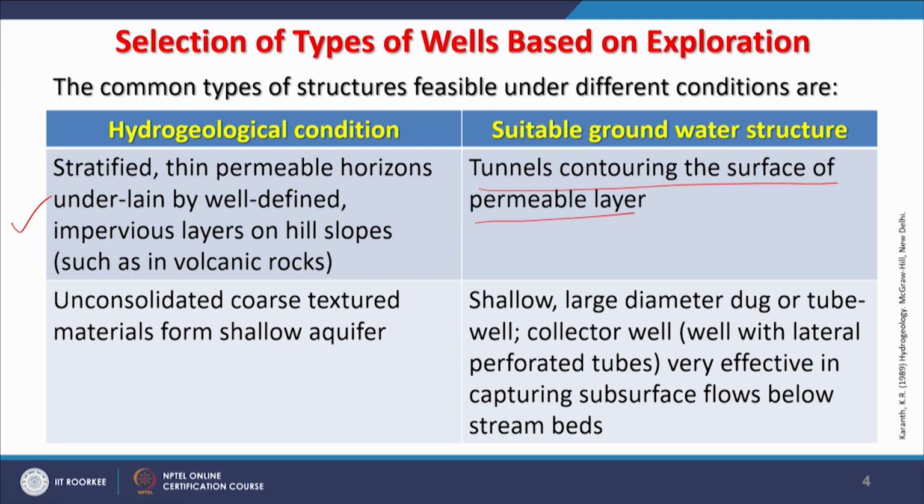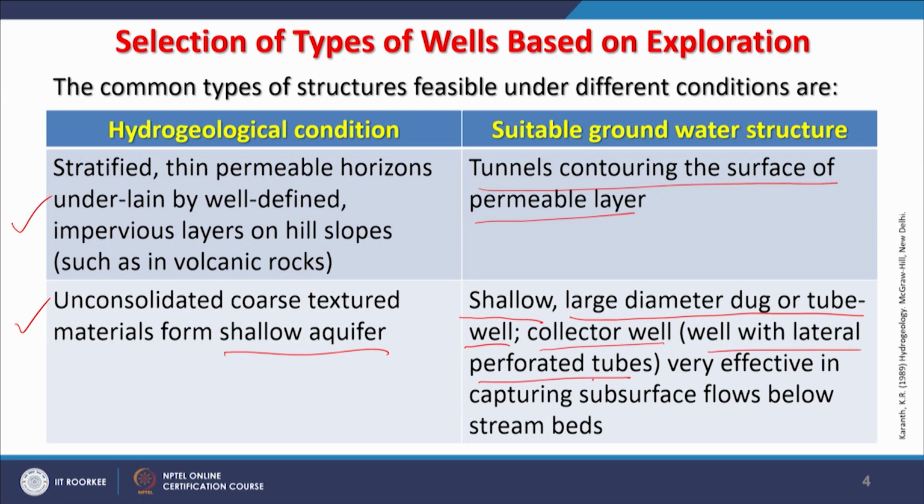If we are having unconsolidated coarse texture material forming shallow aquifers, that is very good, because coarse texture means porosity and permeability, and that too in a shallow aquifer condition, is going to be very good. So, for that purpose we can go for a shallow large diameter dug or tube well, or a collector well, that is, a well with lateral perforated tubes.